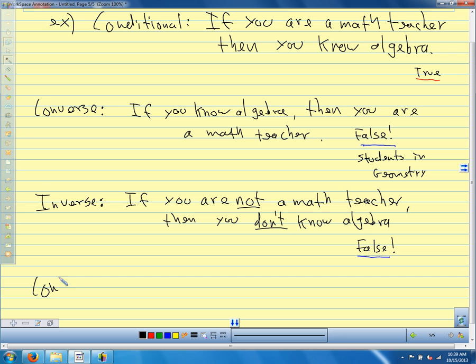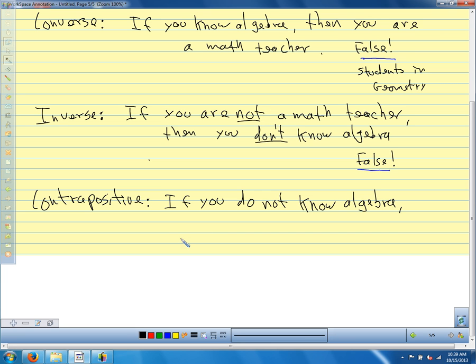The contrapositive. So we're going to form the contrapositive of this statement. Contrapositive, we put a not in front of each part of the converse. So how would I write that? If you do not know algebra, then you are not a math teacher.